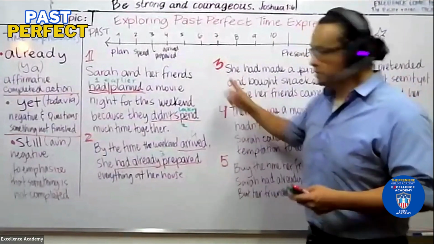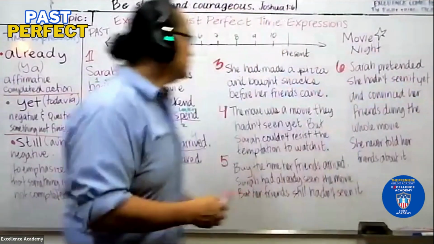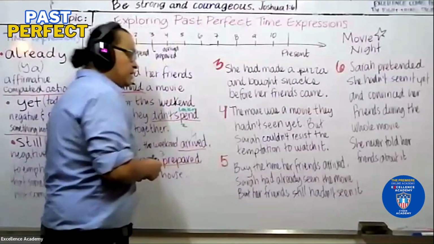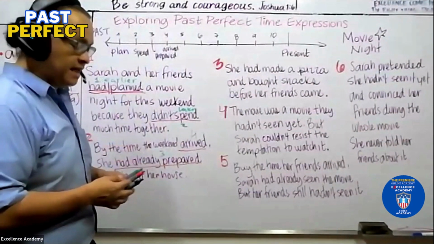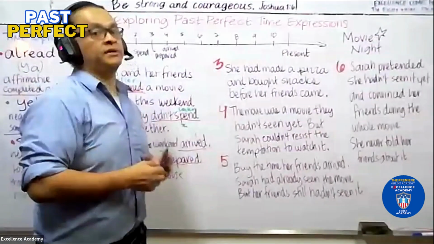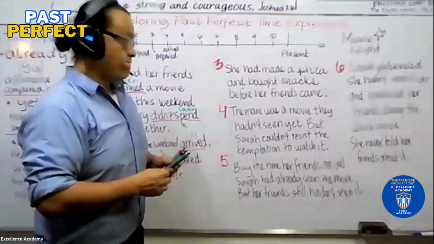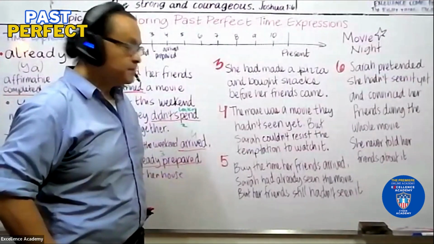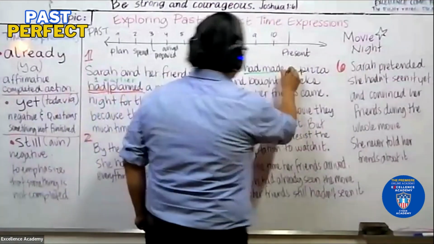All right, awesome. Let's go to paragraph number 3. In number 3, we have, she had made a pizza and bought snacks before her friends came. How many past tense verbs can you see there? Or how many past events do you see? Had made. All right, that's one. Good job. And the other one?